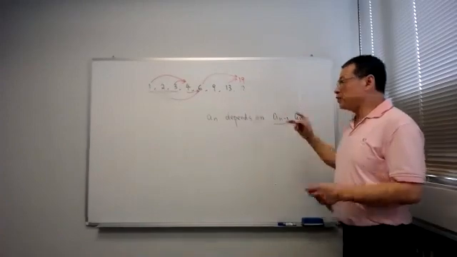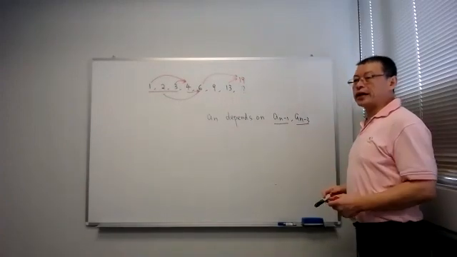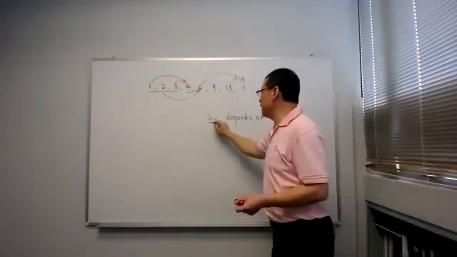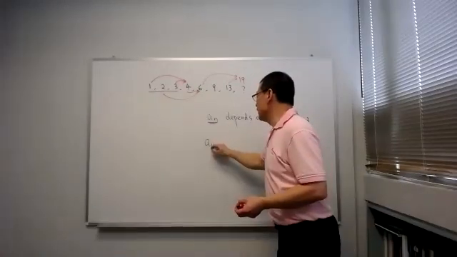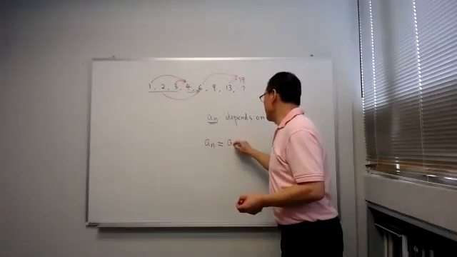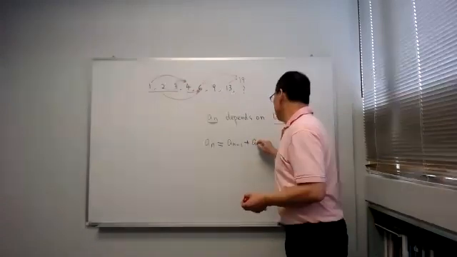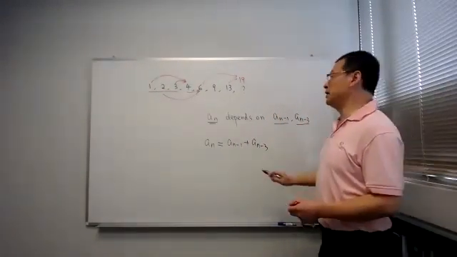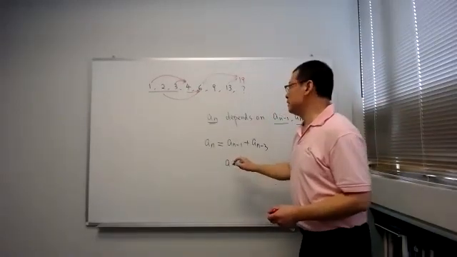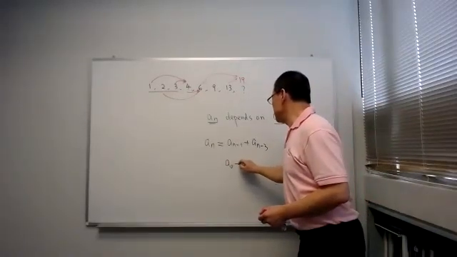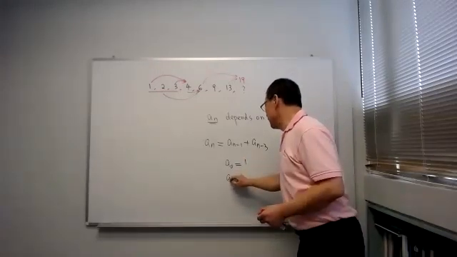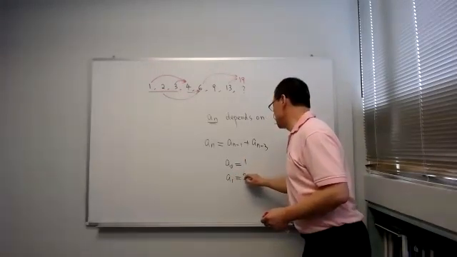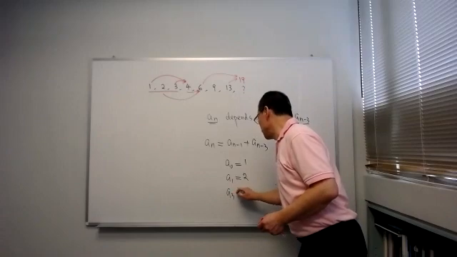So this gives us the following recurrence relation: a_n can be expressed as a_{n-1} plus a_{n-3}, with initial conditions a_0 equals 1, a_1 equals 2, a_2 equals 3.